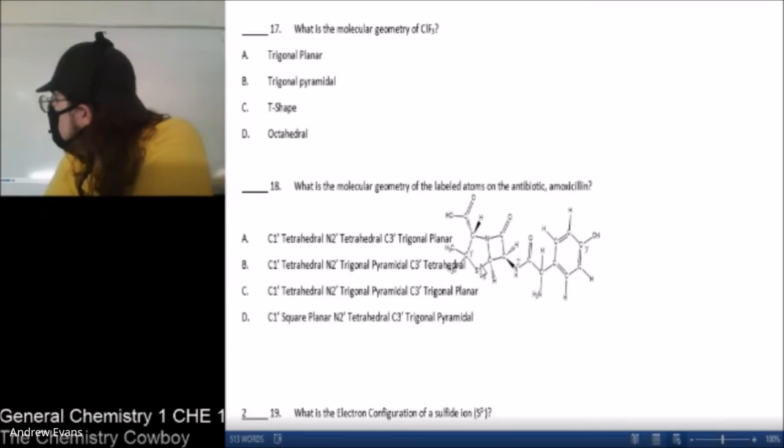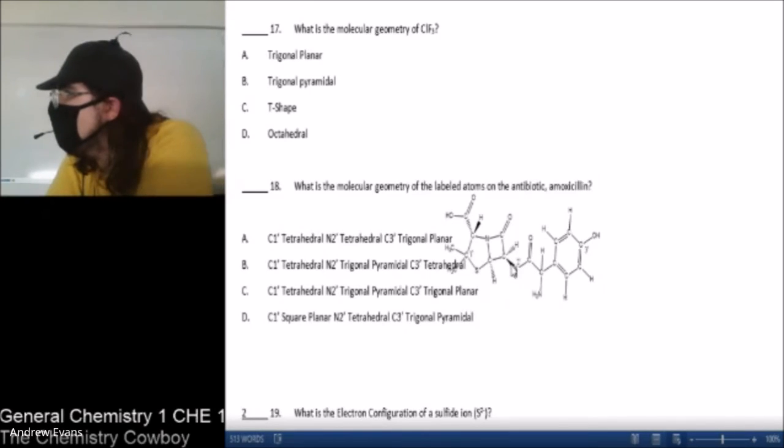Let's see. Nitrogen, atom number 2. Yeah, that looks like 2. It's connected to an H, and it's connected to 2 carbons, and nitrogen should have 5. 1, 2, 3, 4, 5.